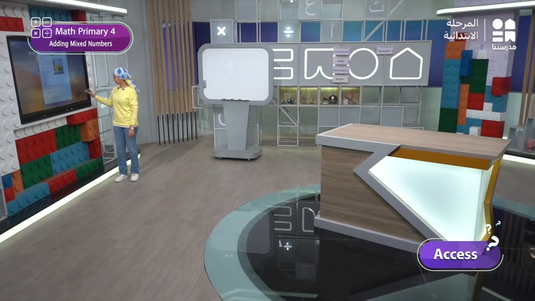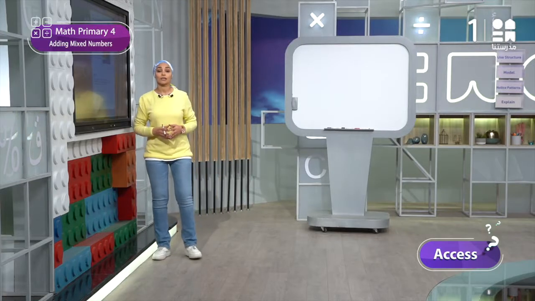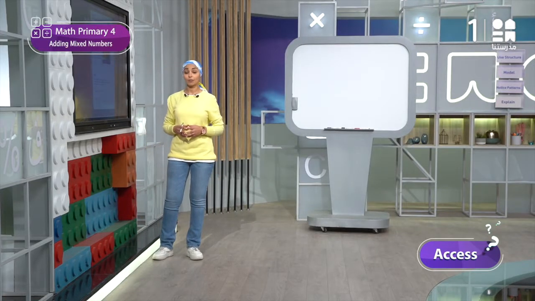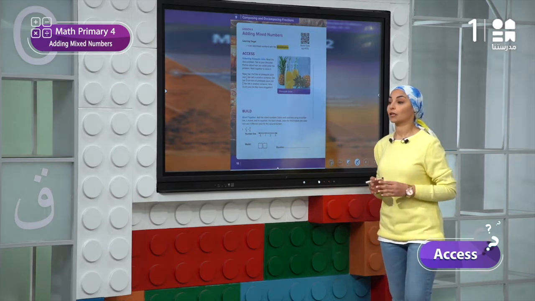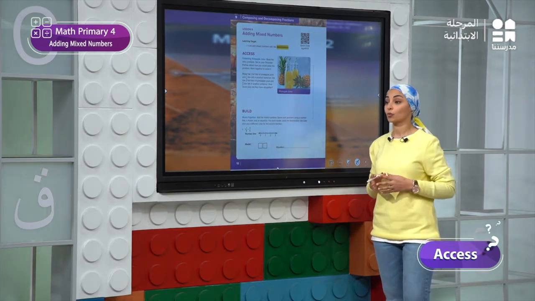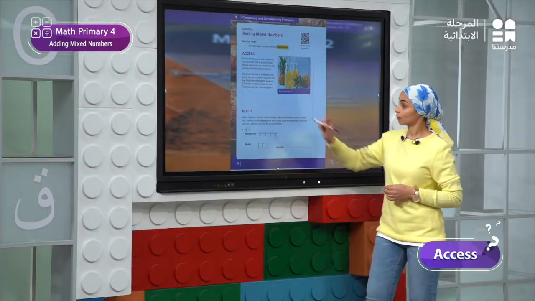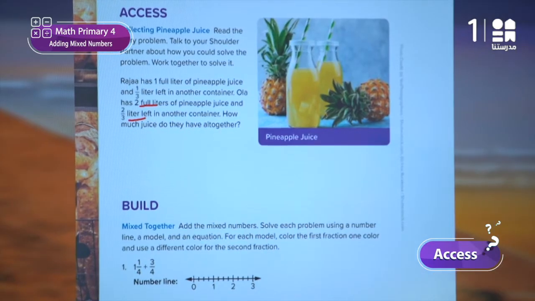And here in this activity, as you see, Raja has 1 full liter of pineapple juice and 1/3 liter left in another container. That means she has 1 whole and 1/3 in another container. Ola has 2 full liters of pineapple juice and also 2/3 liter left in another container.